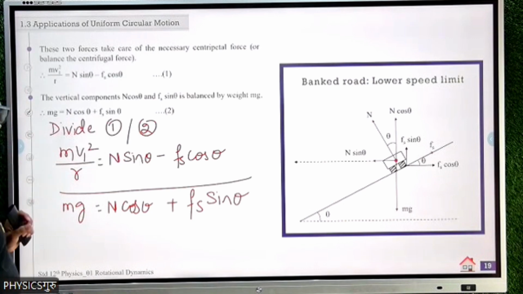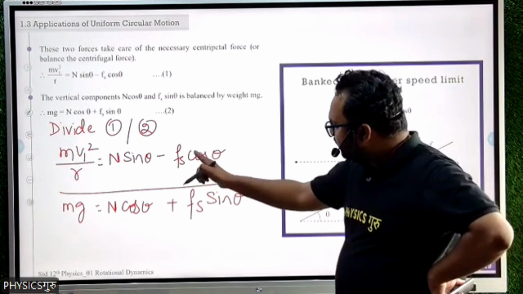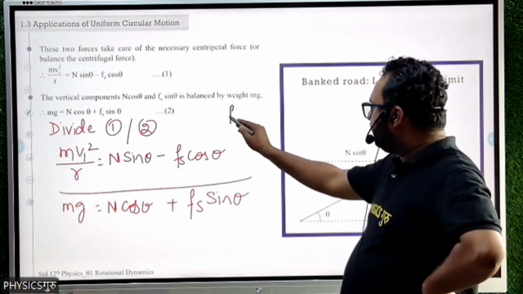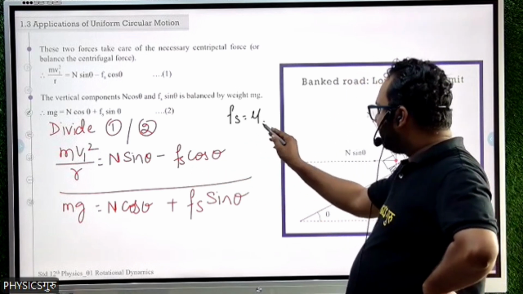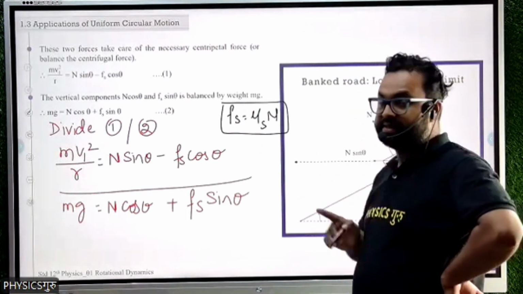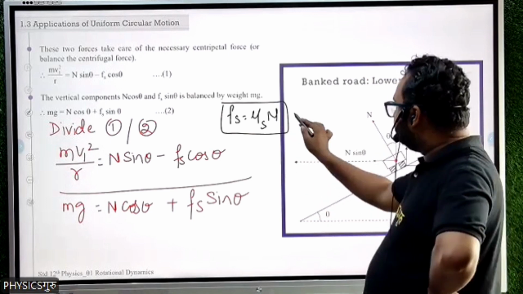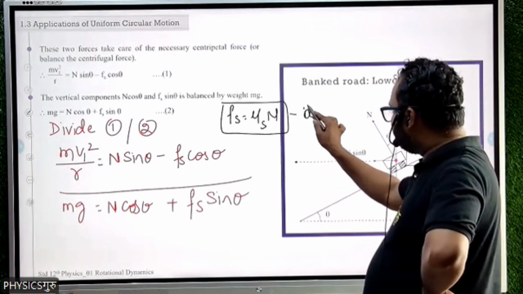Now it is important to note that in the next step we will substitute the value of Fs. As we know, Fs is nothing but mu s into N. This is the formula for Fs. This is the first point that we have to do.